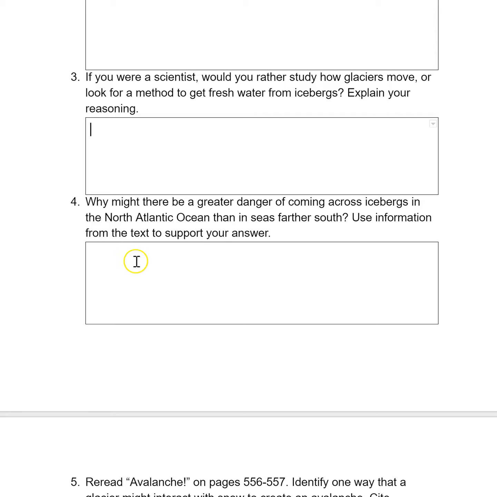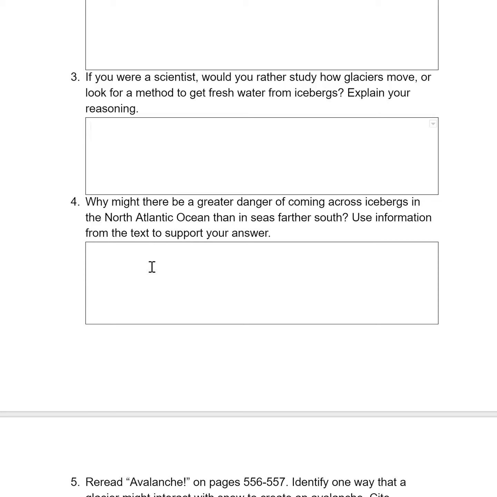All right, I think I found some evidence for number 4. And I was actually heading in the wrong direction. So let's go back to page 560. In paragraph 2, 3, and 4, it kind of talks about why you'd more likely come across an iceberg in northern regions, in particular the North Atlantic Ocean, than in seas further south.